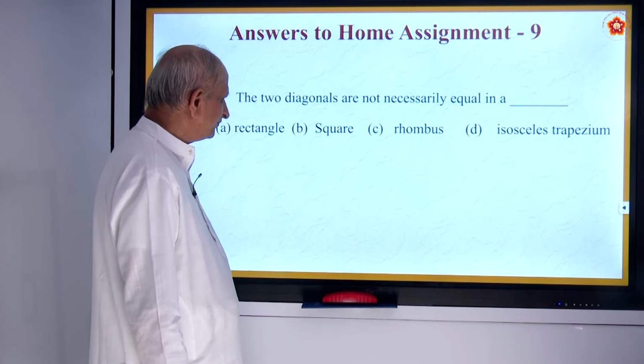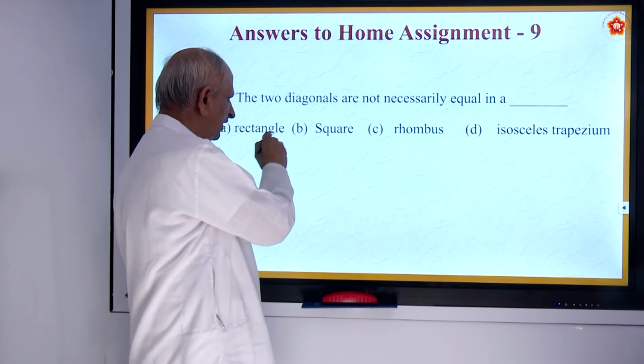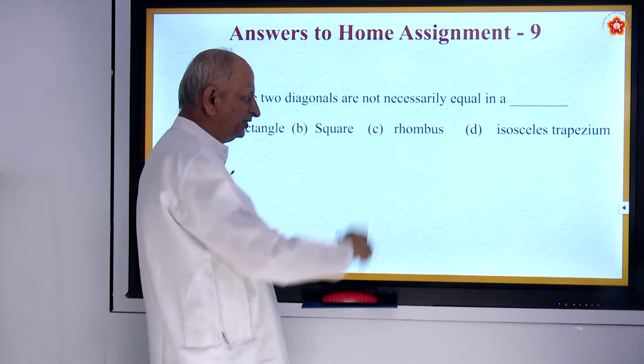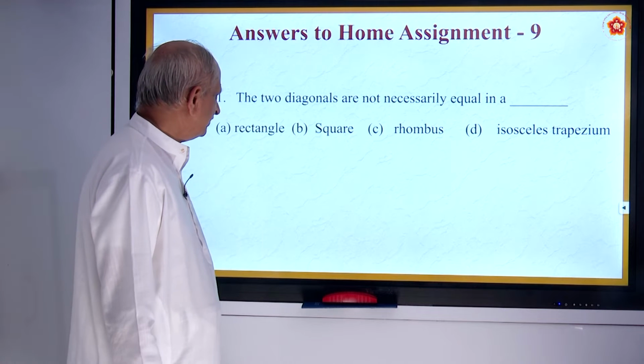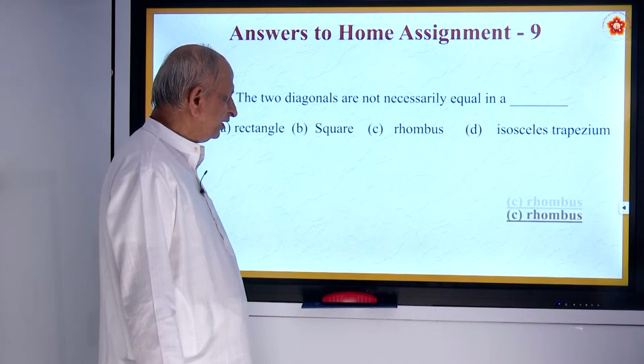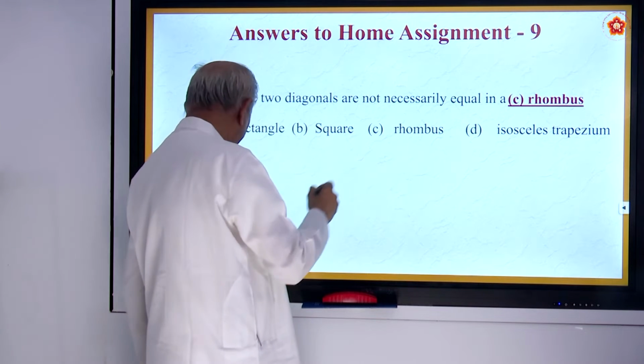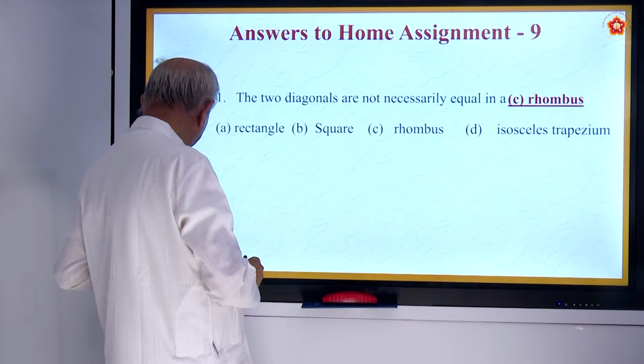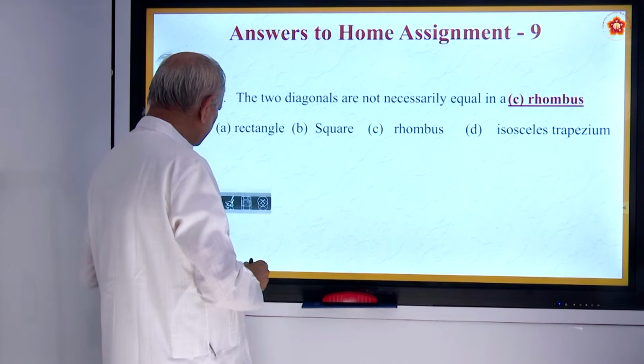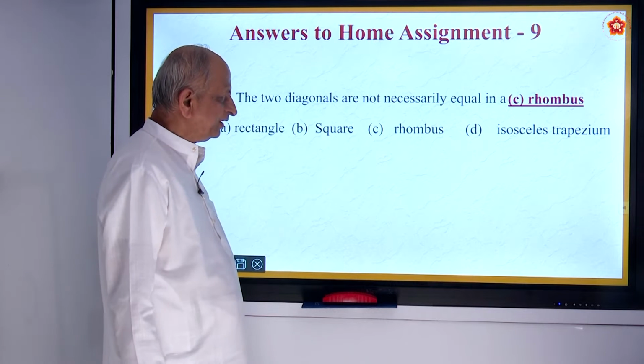So, they are asking which of these, rectangle or square or rhombus or isosceles trapezium, in which the 2 diagonals are equal? Answer is rhombus. C is subdivision and answer is rhombus. Okay. Now coming to second question.